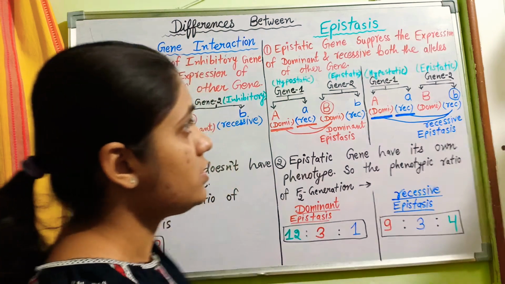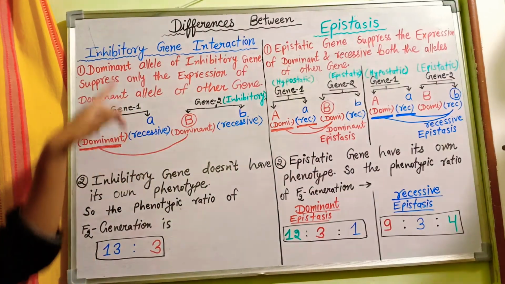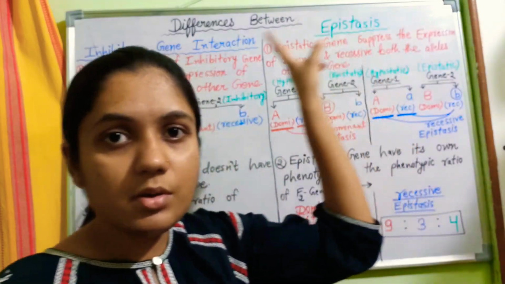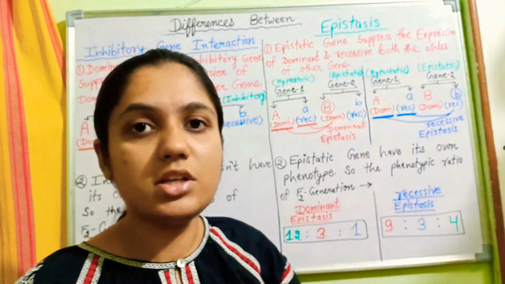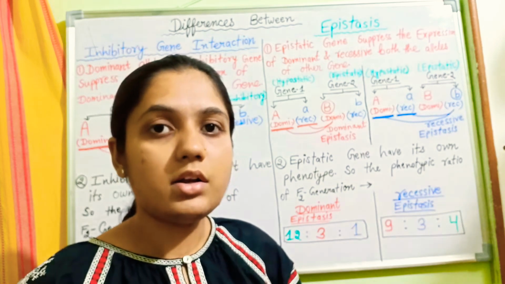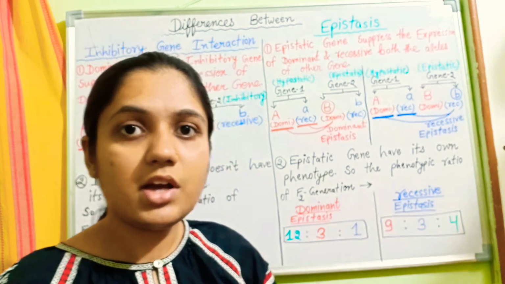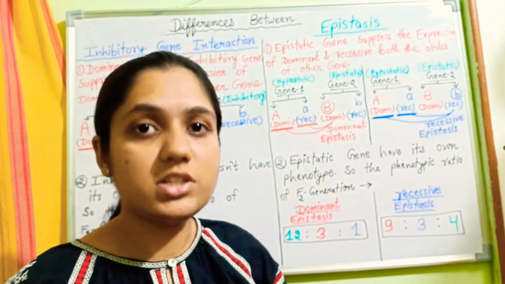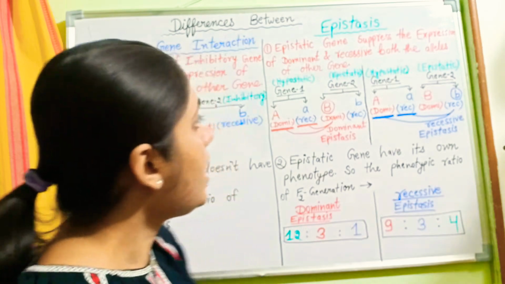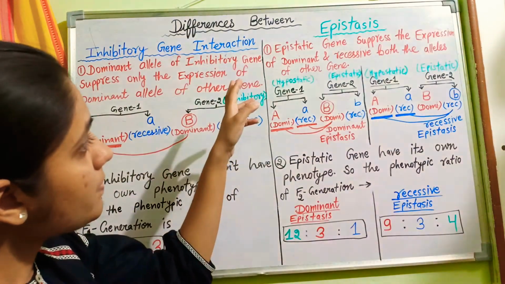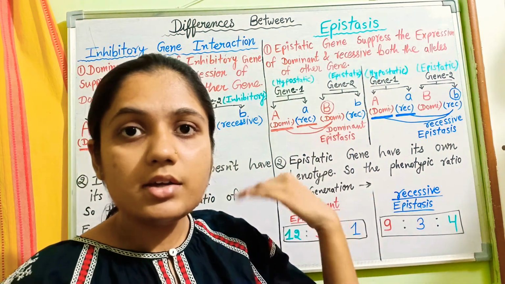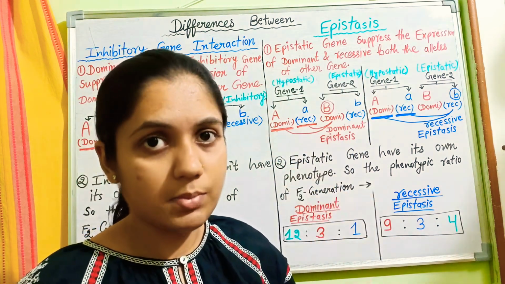First of all, you know that inhibitory gene interaction and epistasis are both intergenic type gene interactions, meaning they occur between two different genes. In both gene interactions some type of suppression takes place.